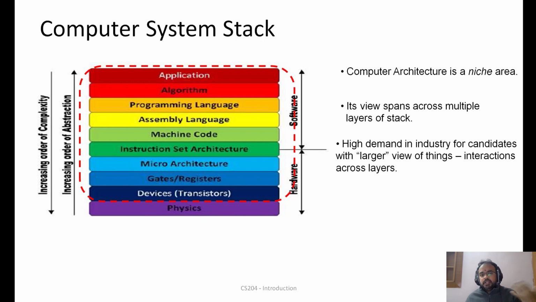And to get a complete view of this computer system stack, you would be undergoing a course in operating systems, and if you have a compilers course, that also would help you. But what at least I would try to give you is a cross-layered approach.